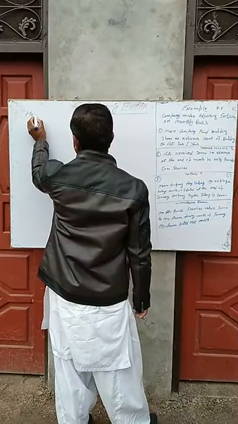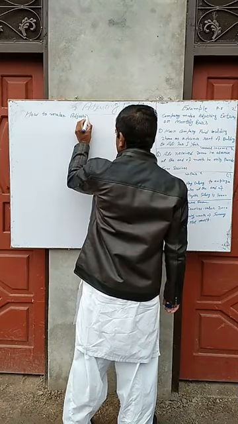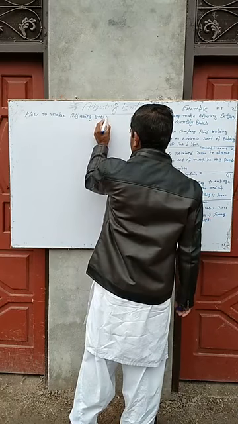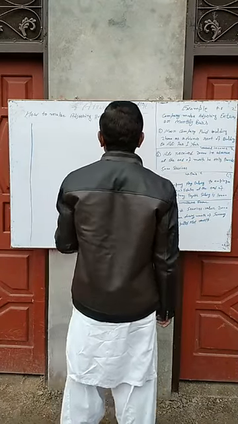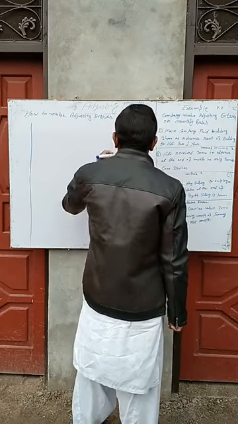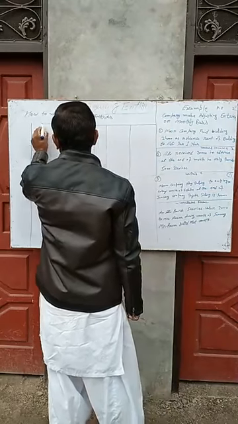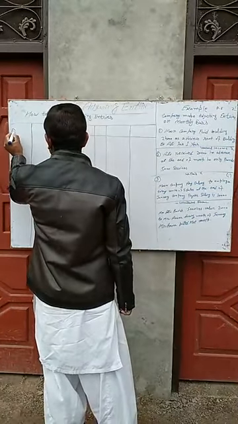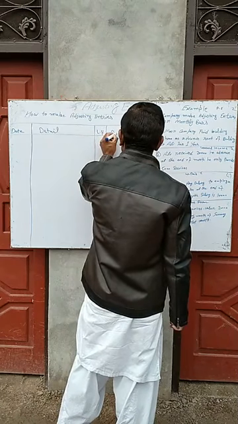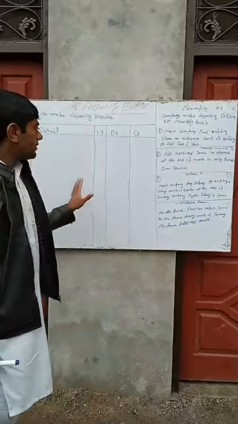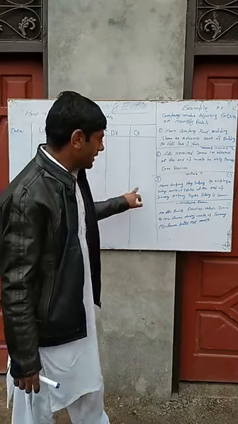We draw a format of the journal: date column, description, ledger folio, debit and credit column.